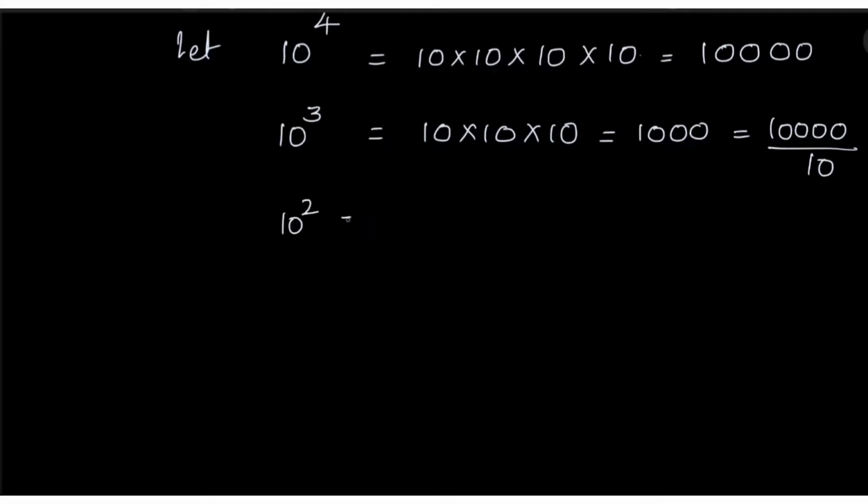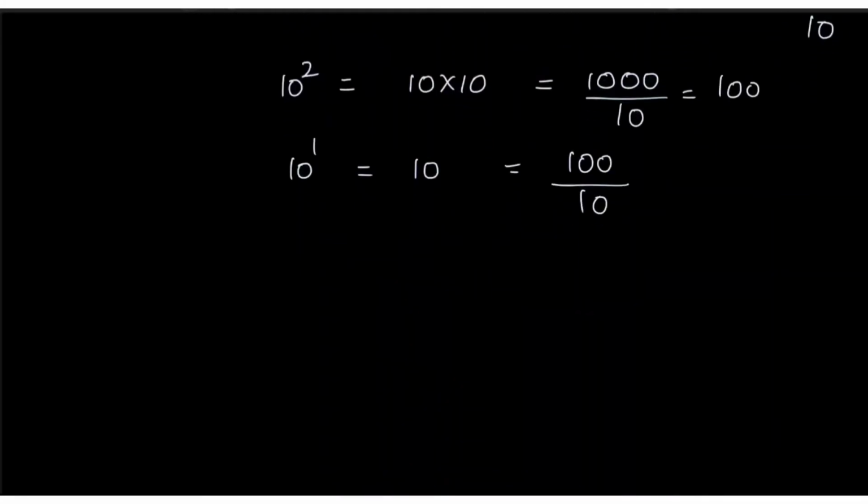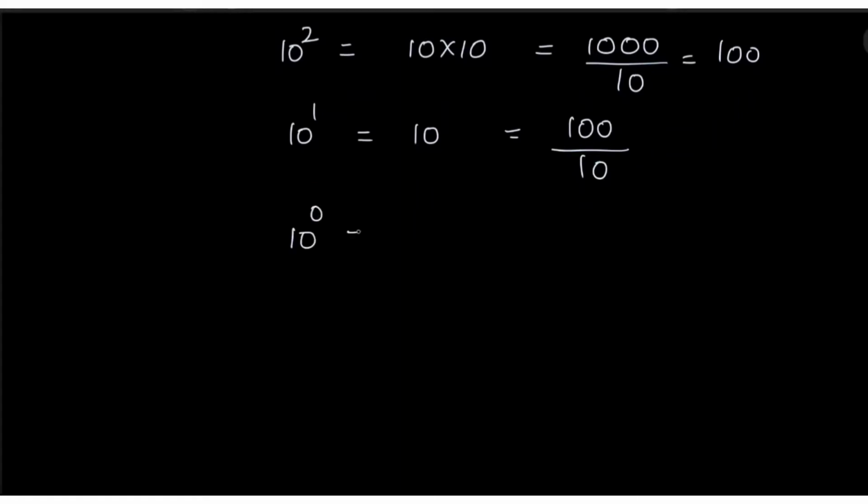Next is 10 squared. It is equal to 10 into 10. This is nothing but 10 raised to 3, that is 1000, divided by 10. Next is 10 raised to 1. This is 10, and it is nothing but 100 divided by 10.